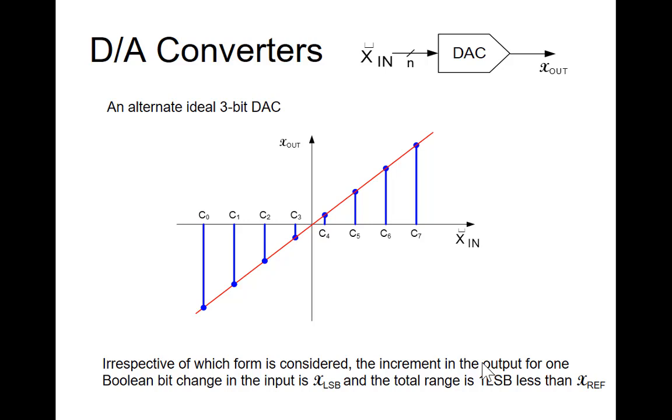Could these points move around? I've got these uniformly spaced on this axis. Could C6 be here or here? Well, as long as the amplitude changes and it keeps the linear line in there, should be okay, right?